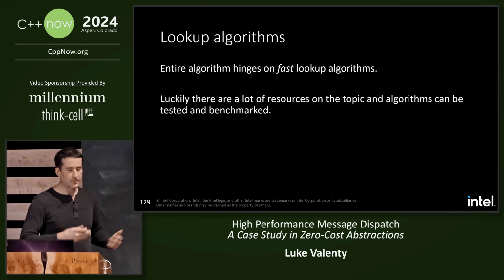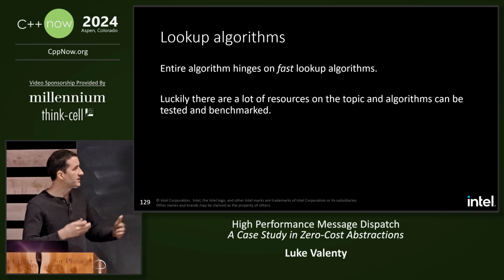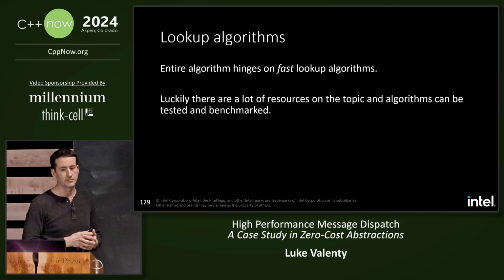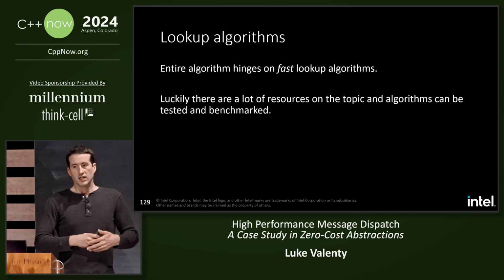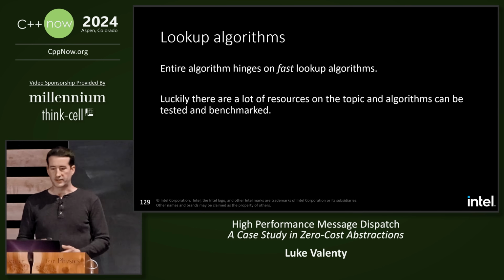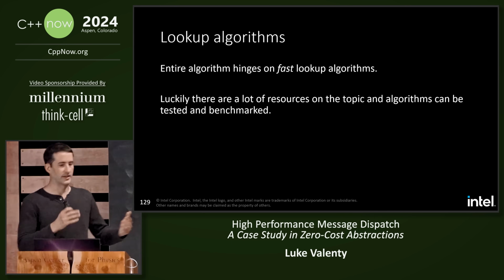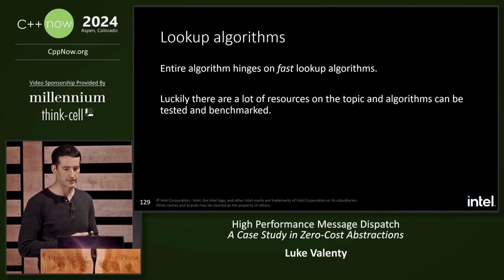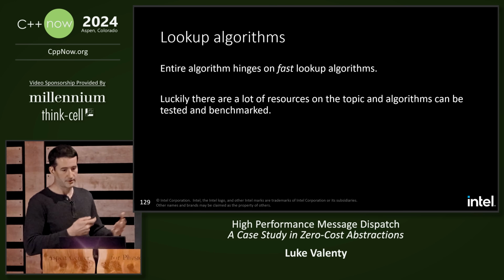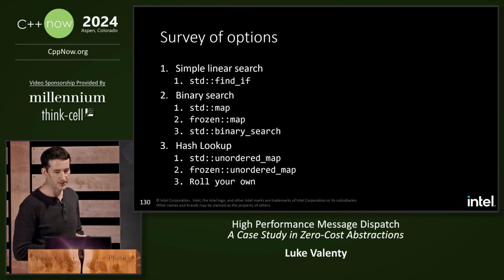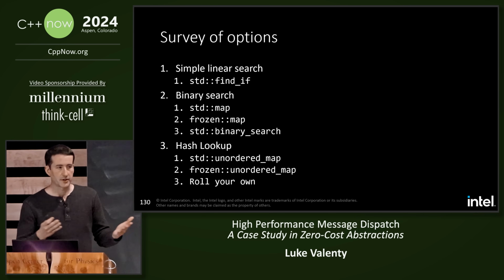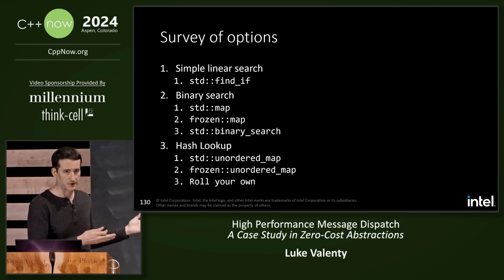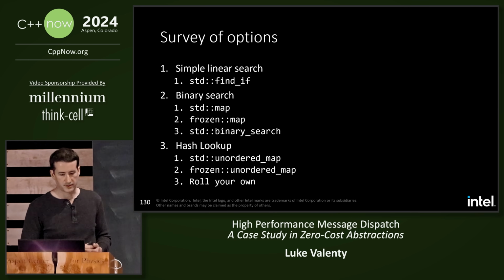The cool thing about lookup algorithms like hash maps and binary searches is there's tons of material on it. There's a lot of research, papers, libraries, Wikipedia articles, YouTube videos, and many implementations. You could do a linear search. Linear search is actually fantastic for small counts. Nothing will beat it for small sizes.